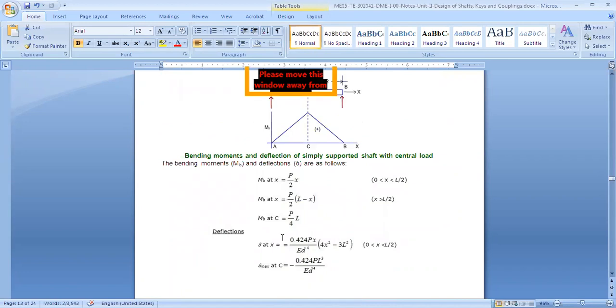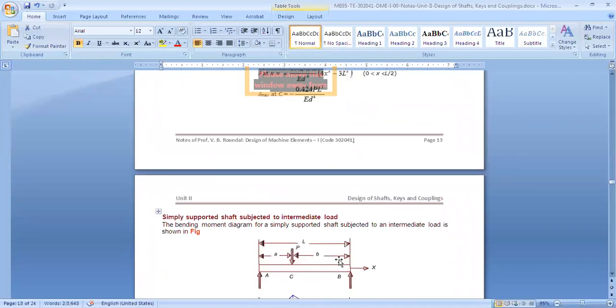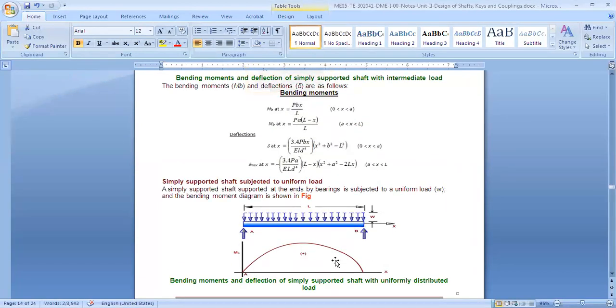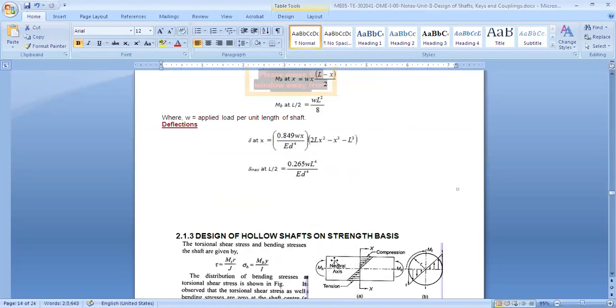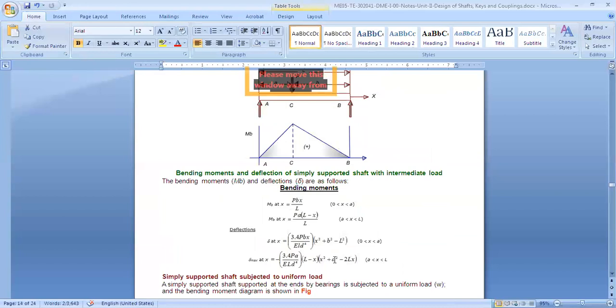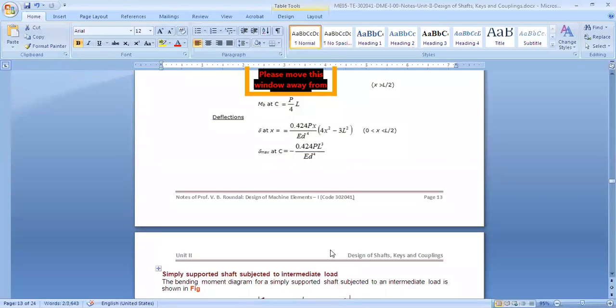First we'll take an example of a simply supported beam, then a simply supported beam with a uniform load, and we'll see how it is with the load at the center and a load somewhere off the center.